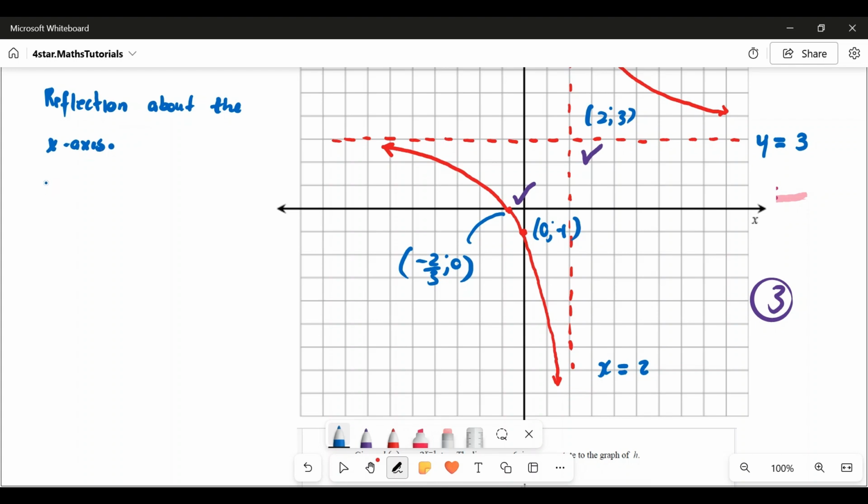Reflection about the x-axis. If I have the coordinates x and y, and I reflect these coordinates about the x-axis, x must remain the same, then y is the negative inverse. So y is multiplied by negative.